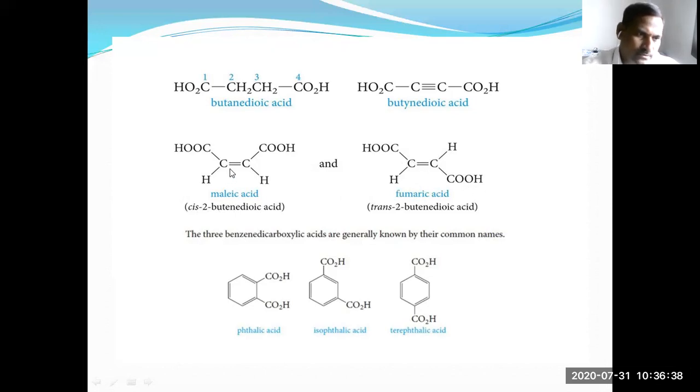Same groups present on the same side of the double bonded carbon, that's why this is the cis compound. This is the trans compound. So this is maleic acid, common name. This is fumaric acid, common name. So cis-2-butene dioic acid. This is trans-2-butene dioic acid.